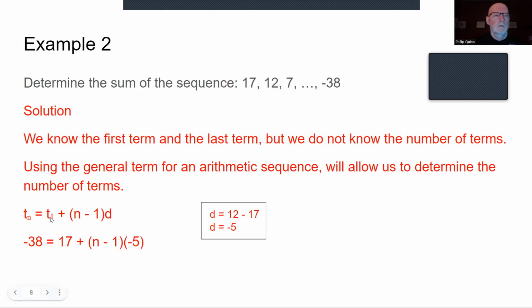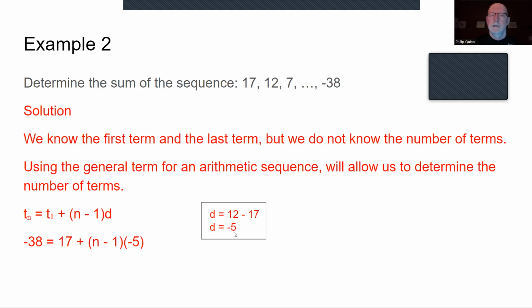Tn is equal to the first term plus n minus 1 times d, and d is the common difference. Up here, our common difference is found by taking any term and subtracting the previous term. So 12 minus 17 or 7 minus 12, it doesn't matter. In either case, we get a common difference of negative 5.